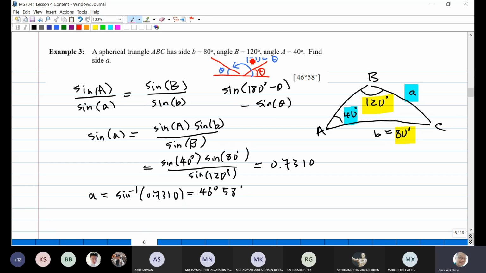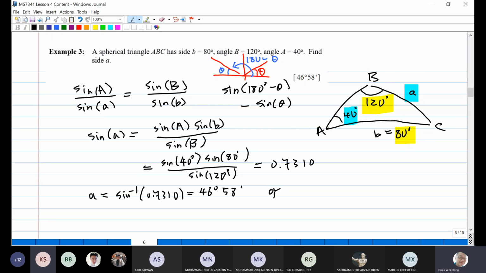So there is another angle I can set right here.